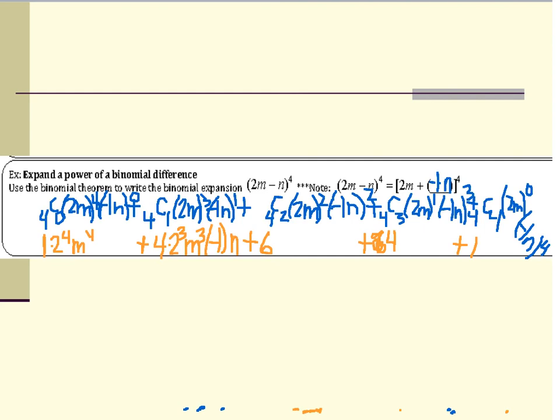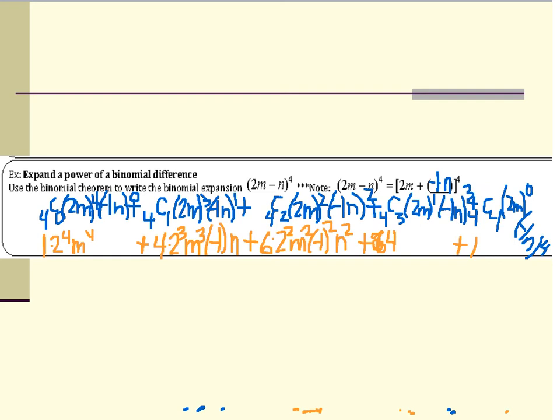My next one, I've got 2 to the second, m to the second, negative 1 to the second, n to the second. So all of those numbers have to be raised to the second power. So times 2 to the second, m to the second, negative 1 to the second, n to the second. Okay. The next one here, I've got 2 to the first, m to the first, well that's just 2 times m, negative 1 to the third, and n to the third.